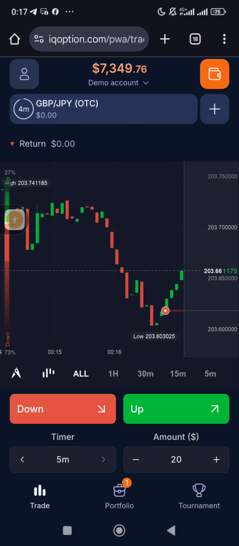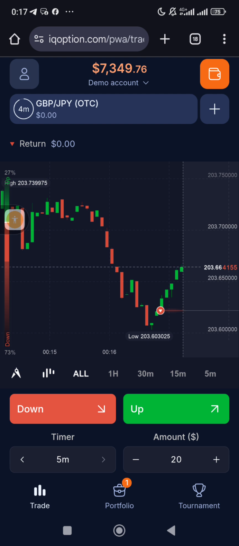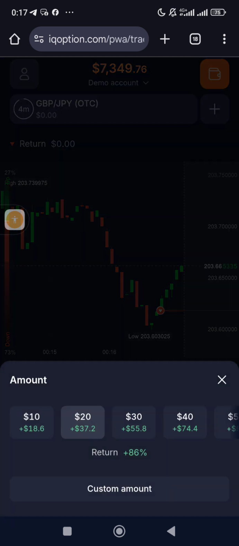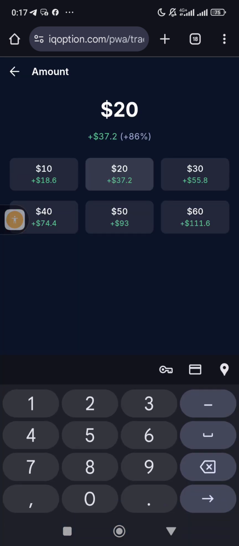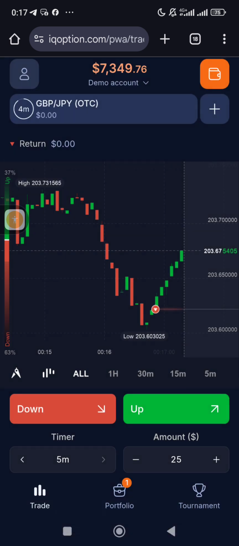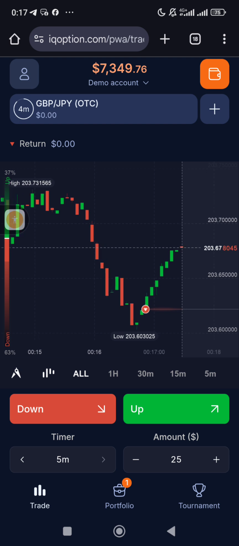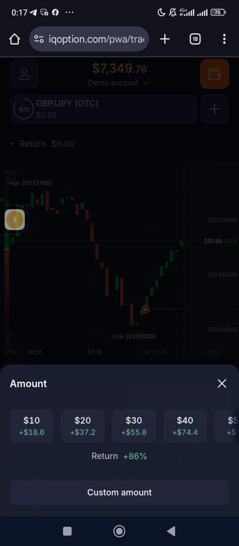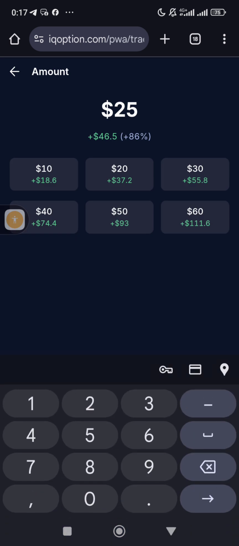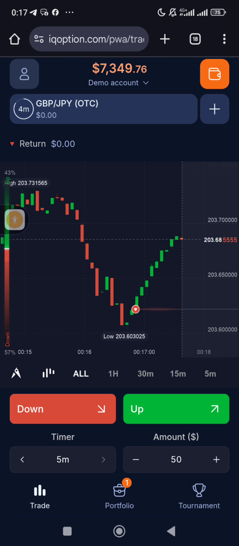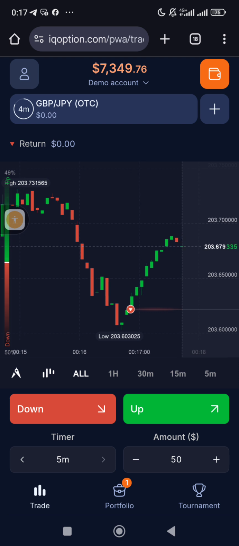Since we started with $25, we're using $50, double of the previous stake. You will have entered it before you click on down or up.